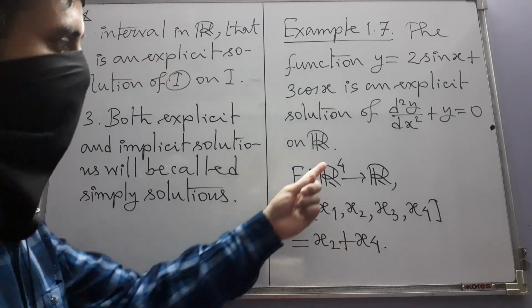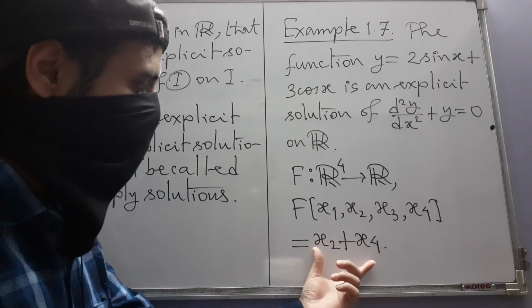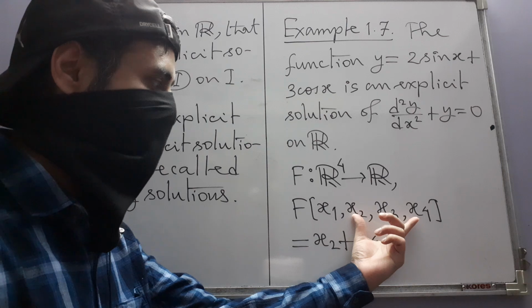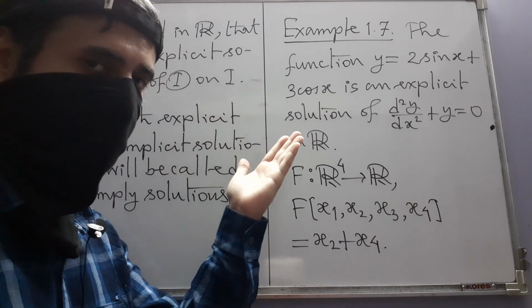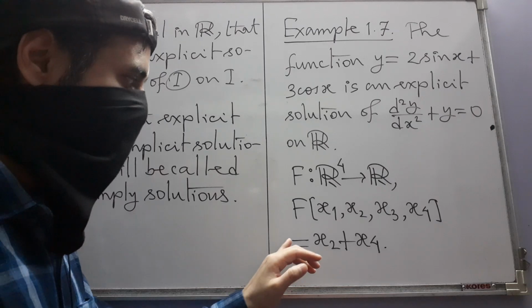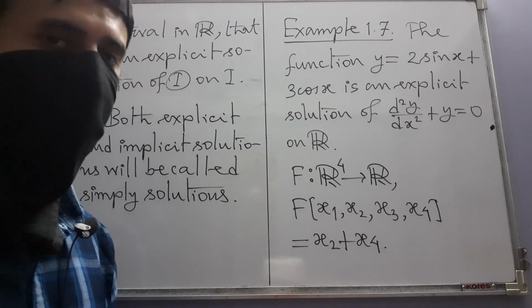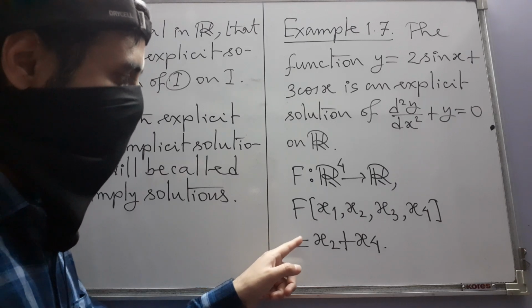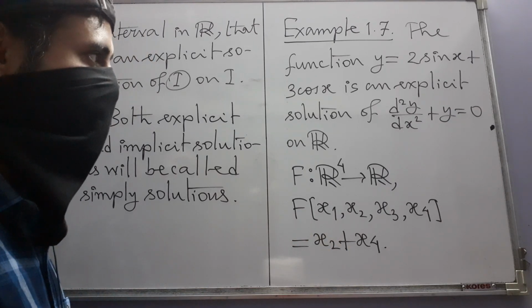This is a legitimate function on R4. You take any 4-vector, what is the output? The output is the sum of the second component and fourth component. Note that, as I remarked when writing the definition, this F actually has nothing to do with derivatives or anything. We can just use this function F to express the differential equation.